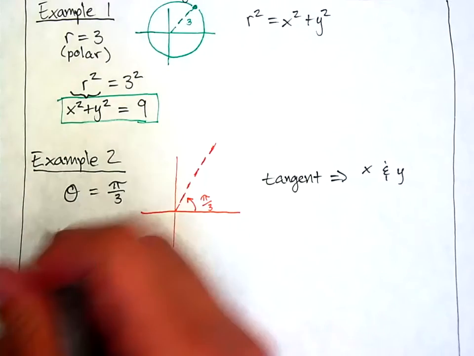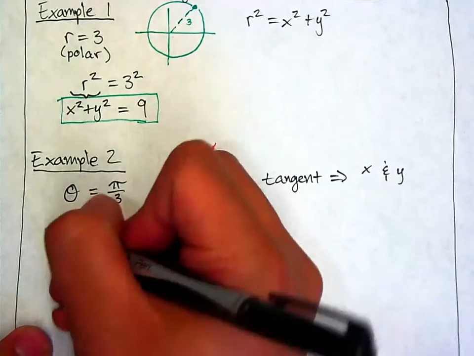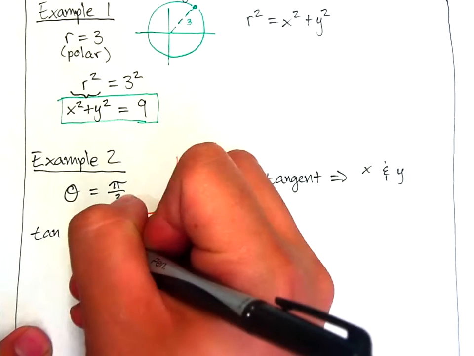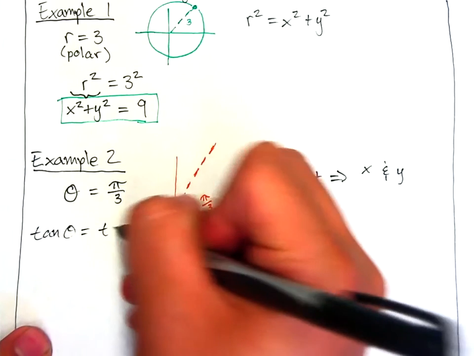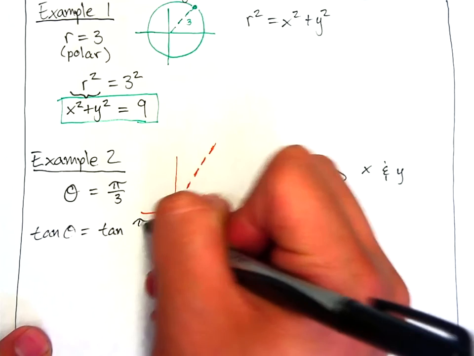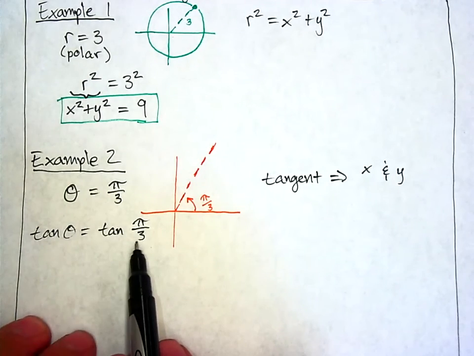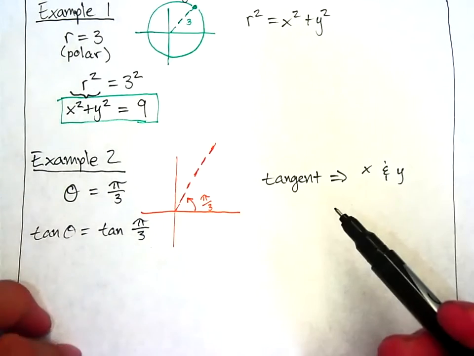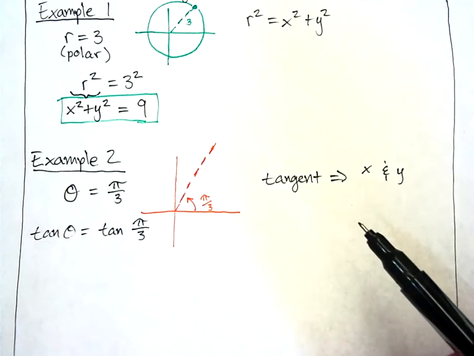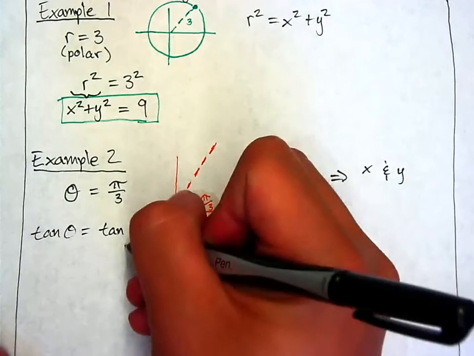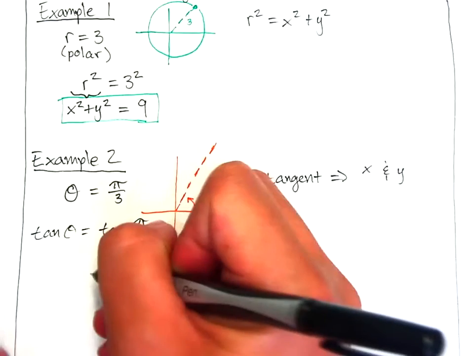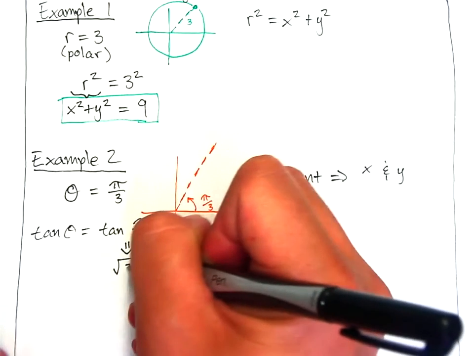So I'm going to take the tangent of both sides. I get tangent theta equals tangent of pi over 3. By taking tan of pi over 3, for those of you who don't remember, you may use your unit circle or you may draw a triangle. But tangent of pi over 3, that becomes the square root of 3.